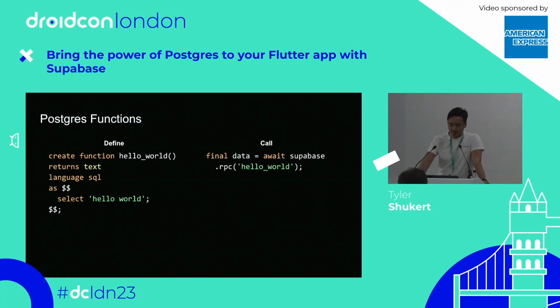And on the client side, on the right, you can call it by calling the supabase.rpc method. Now, Postgres functions can be used when you want to run transactions or when you want to interact with advanced data types. And I'll talk more about advanced data types later.